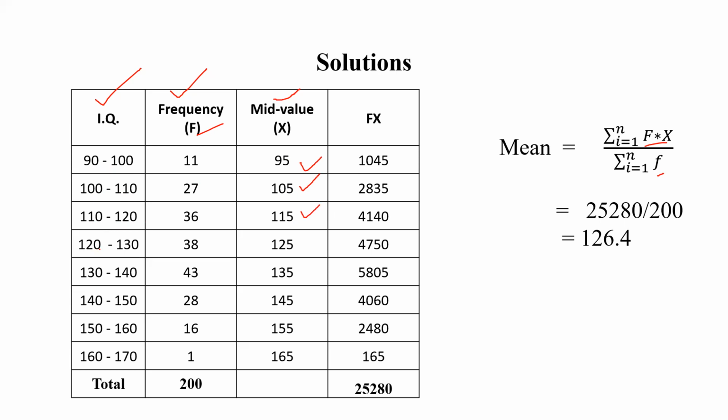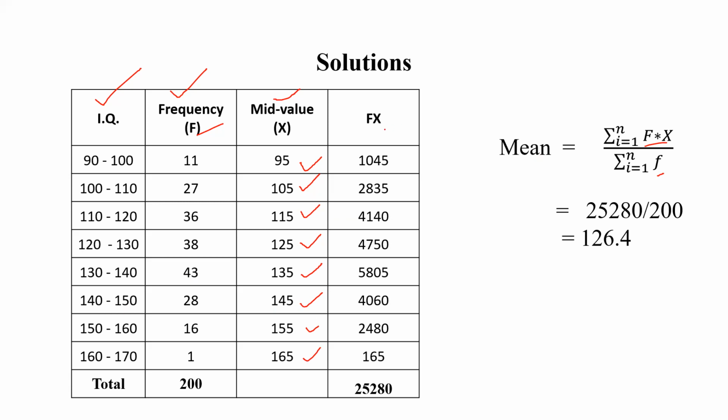Here 120 plus 130 divided by 2 gives 125. 130 plus 140 divided by 2 gives 135, and likewise lower limit plus upper limit divided by 2 gives 145, 155 and 165 as the corresponding mid values.